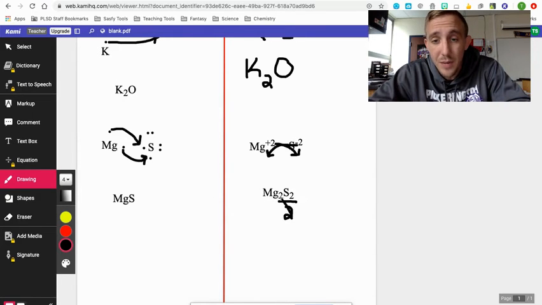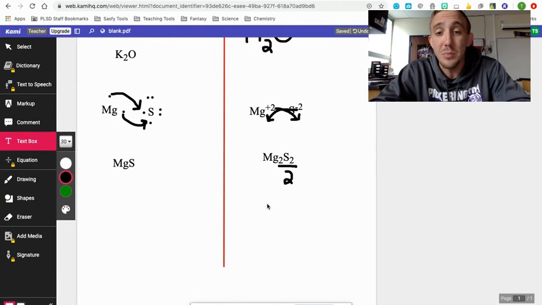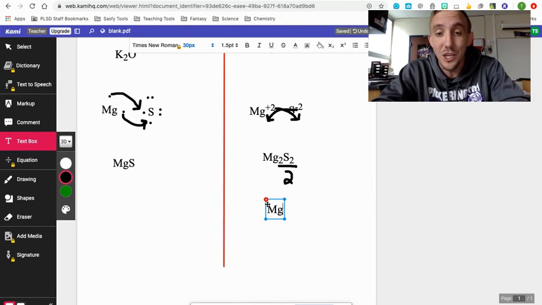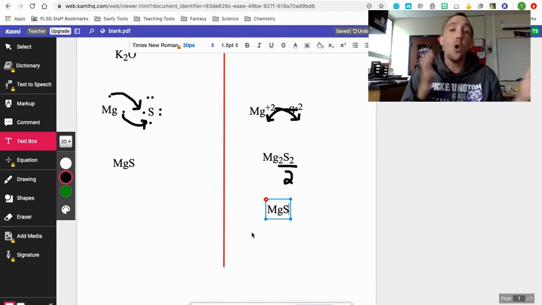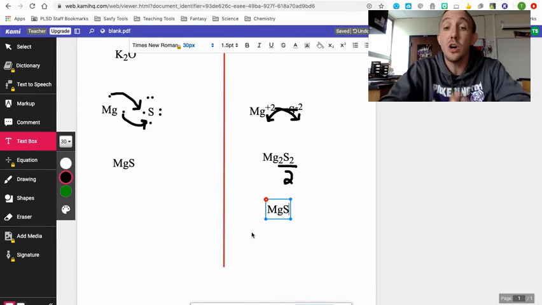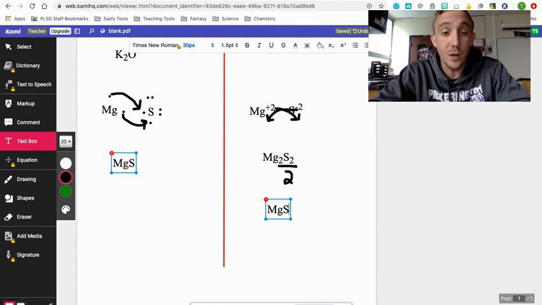So 2 divided by 2 is 1, and 2 divided by 2 is 1. So what this happens to be is MgS. And so you can always use each one. Just know when you have subscripts that can be reduced, reduce them. And so I've reduced it into its simplest whole form, 1 magnesium to 1 sulfur.